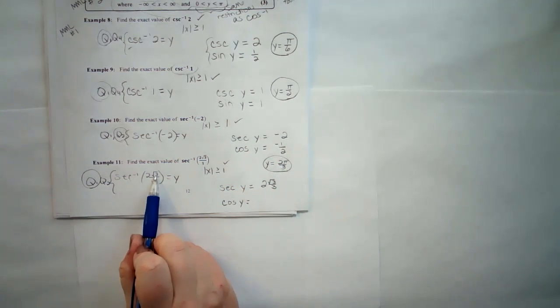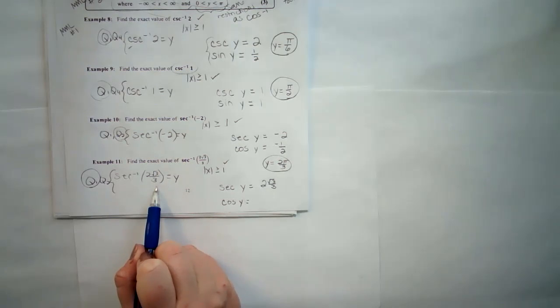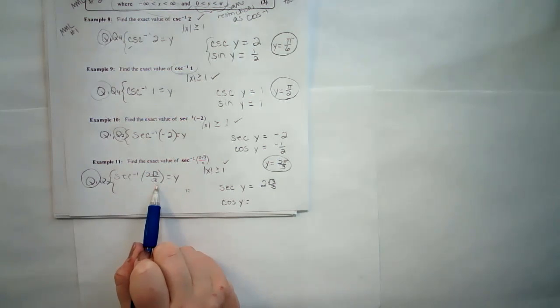If you have a root in the top and you have the same radicand, that's the stuff under the root, in the bottom, that means your value has been rationalized at some point. Does that make sense? This has been rationalized. This originally had a root of 3 in the bottom. And when you multiply root of 3 by root of 3, what do you get? 3. So this one has originally been rationalized.